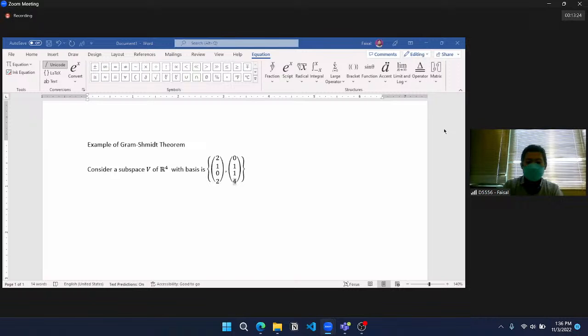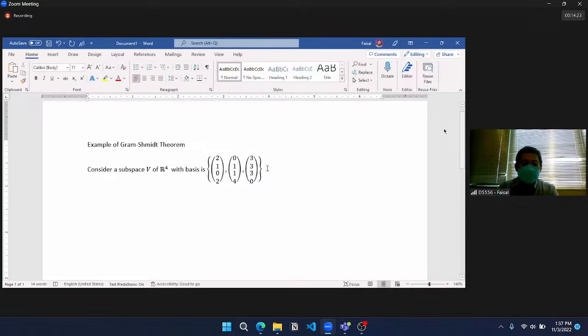The last vector is 3, 3, 3, 0. So this is a basis of V. We can check that this set is linearly independent, but because this is a subspace, the dimension of V is 3, because we have 3 vectors in its basis.